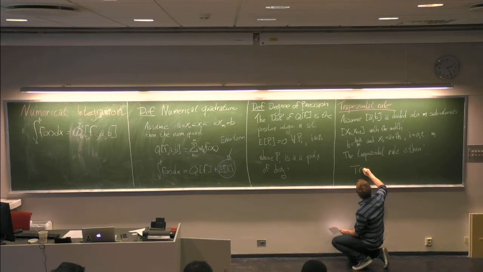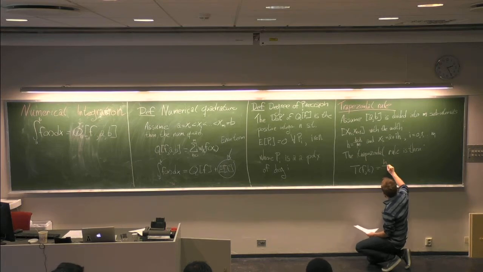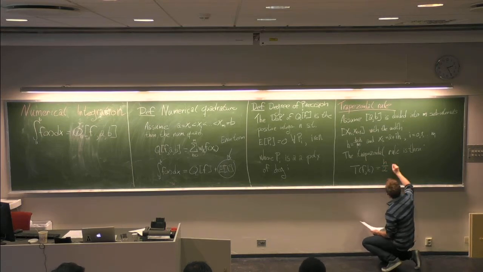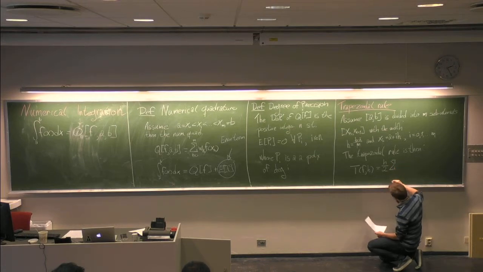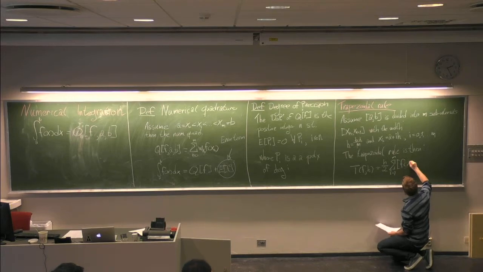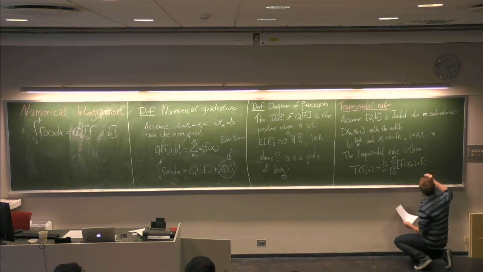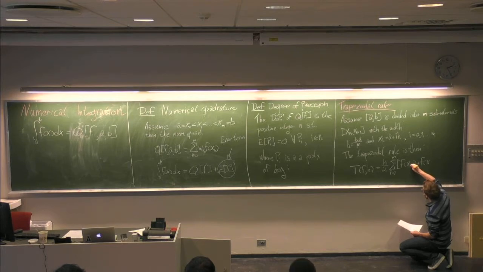So T of the function f and the step length h equals h over 2 times the sum from i equals 1 to m of f of x_(i-1) plus f of x_i, like so.